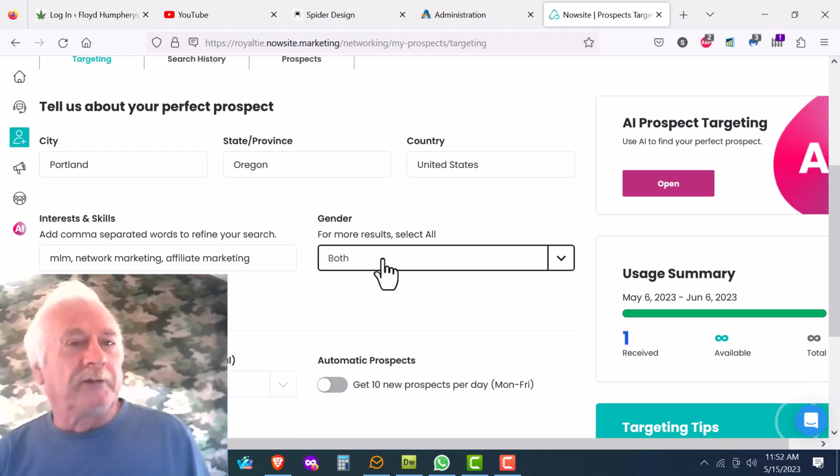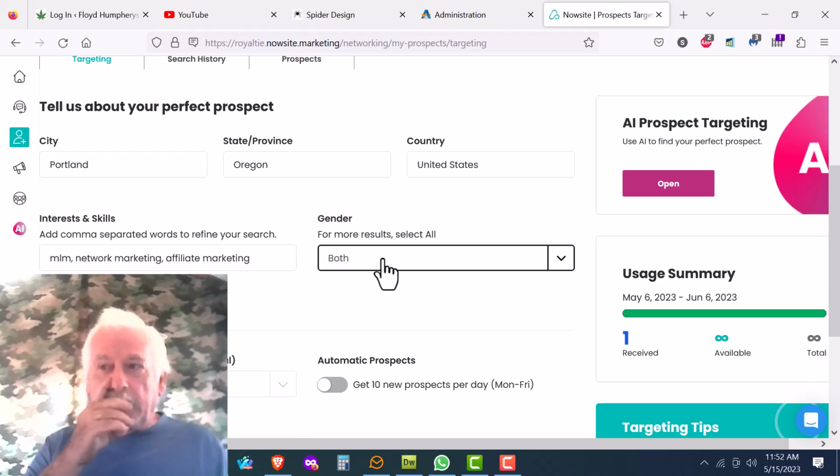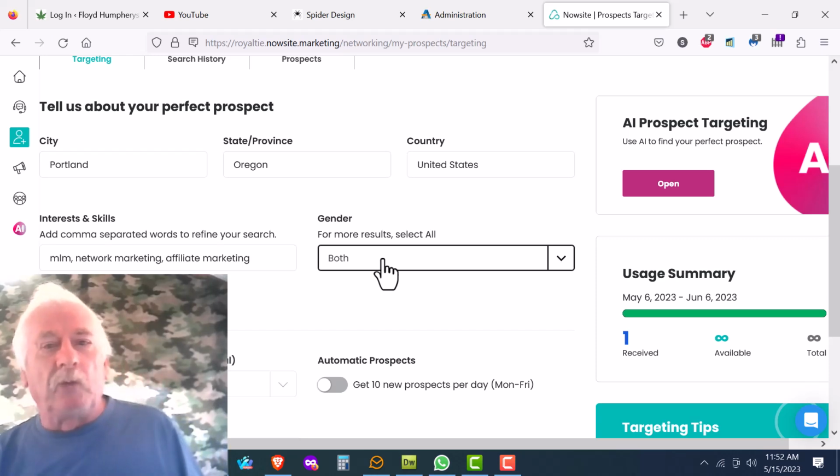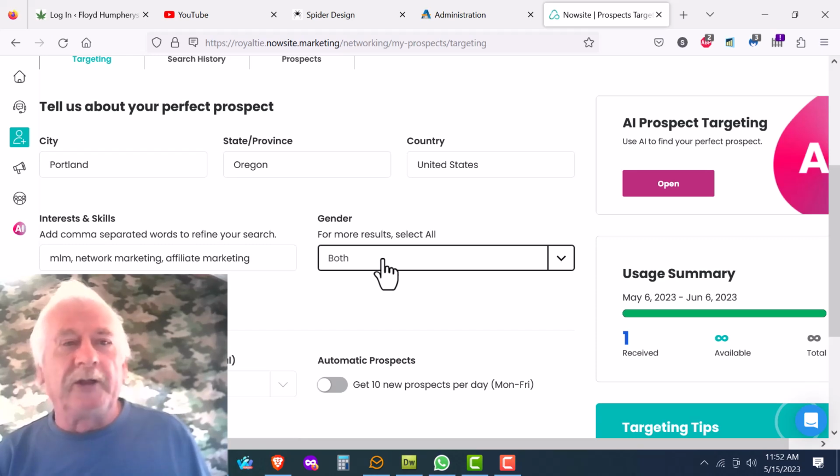But with this AI, you get qualified leads. It's not like shooting in the dark. Like if you run an ad somewhere, they don't know you from Adam. They don't know if they can trust you. For all they know, you're a scammer and you just want their money.